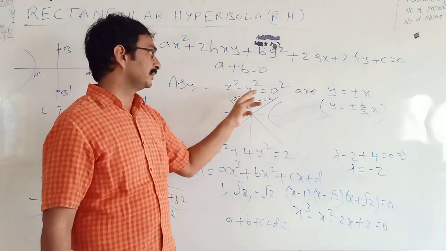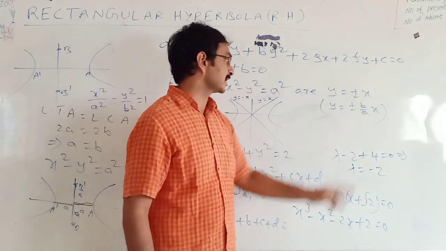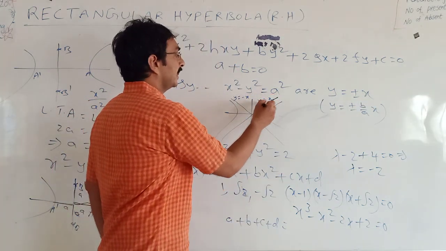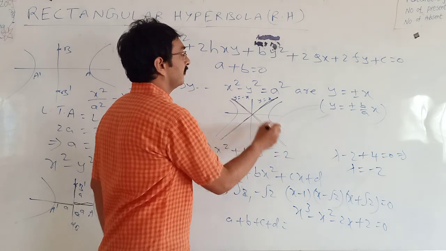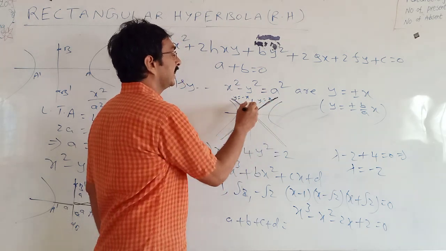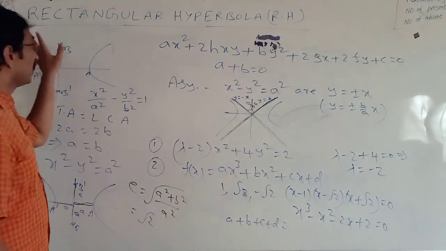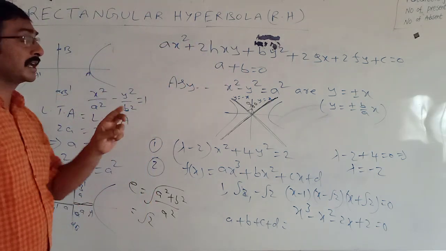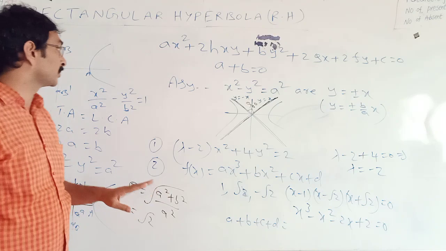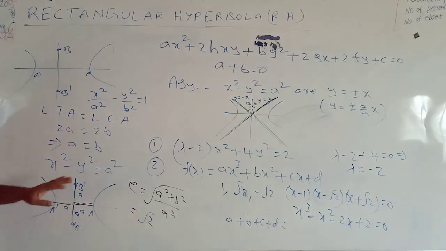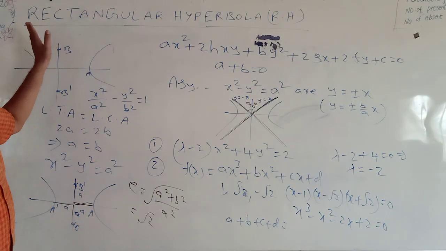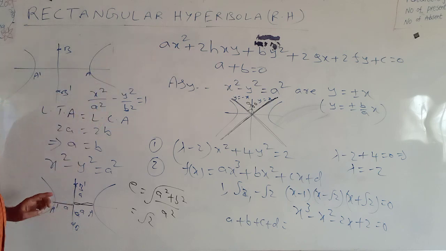Clearly, the angle between the asymptotes of rectangular hyperbola is 90 degrees. So this is the first form of rectangular hyperbola, because there are two forms of rectangular hyperbola.